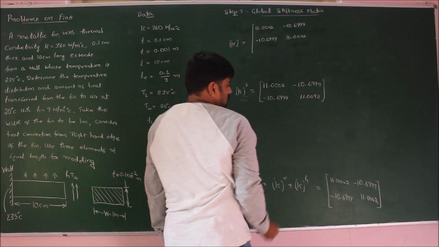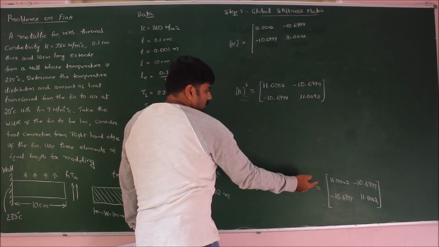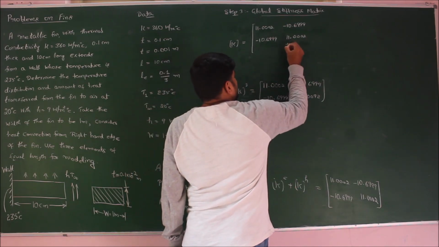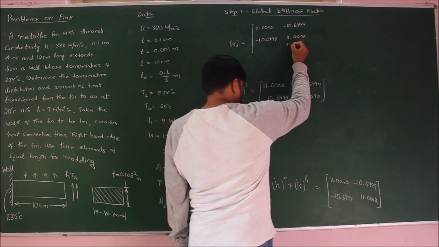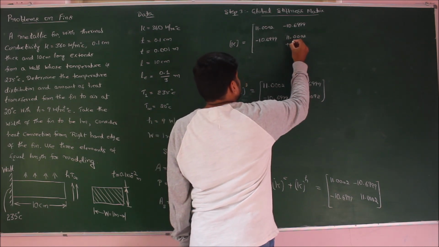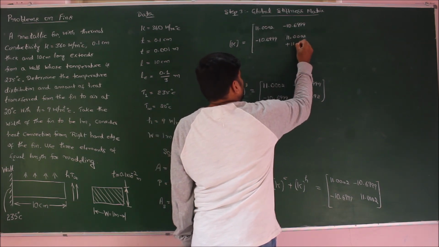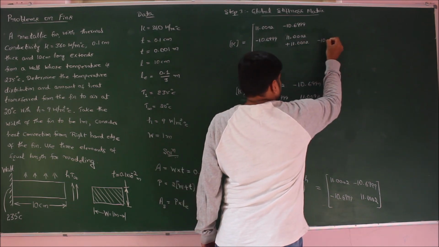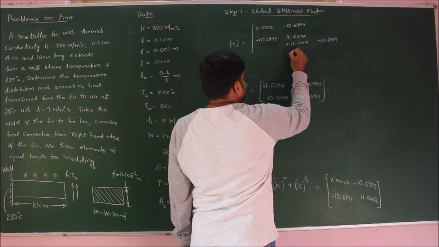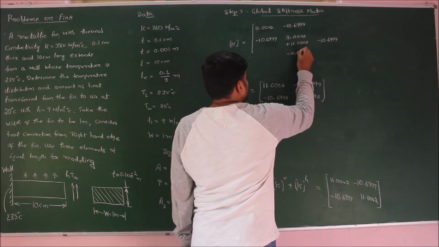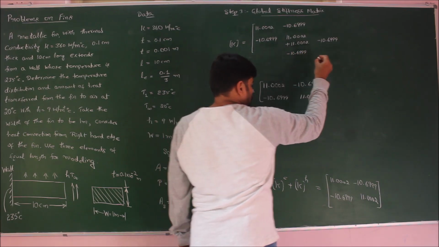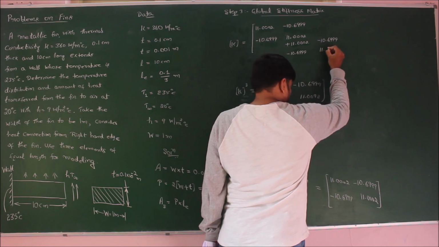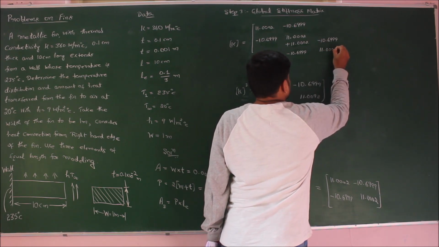So now coming to element 2, adding K11 of element 2 to K22 of element 1, I'll get 11.002 minus 10.6999 minus 10.6999 11.002.